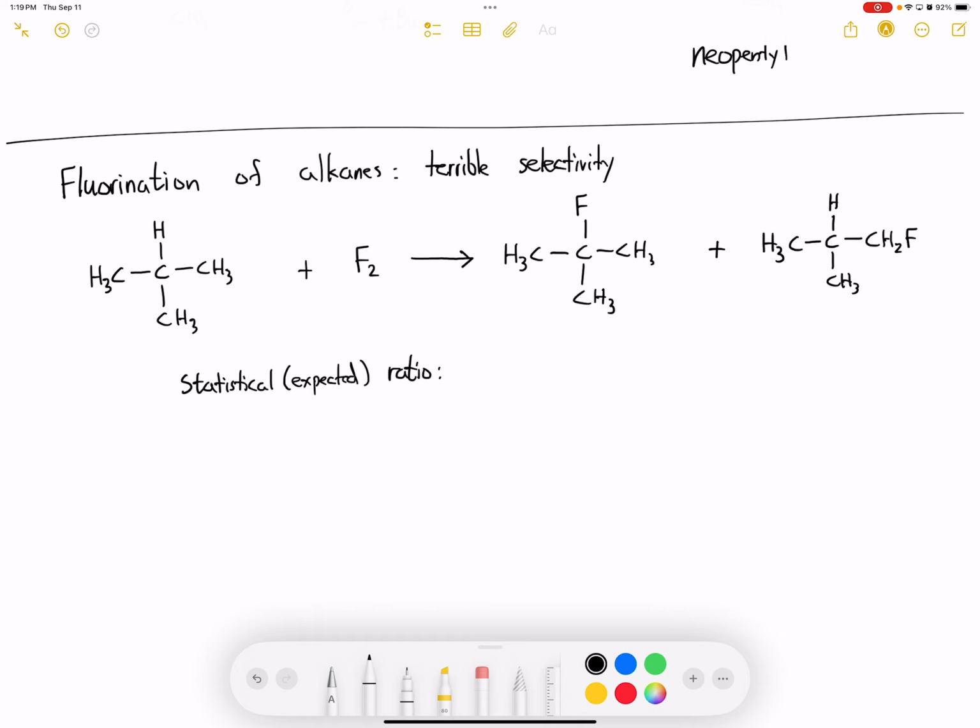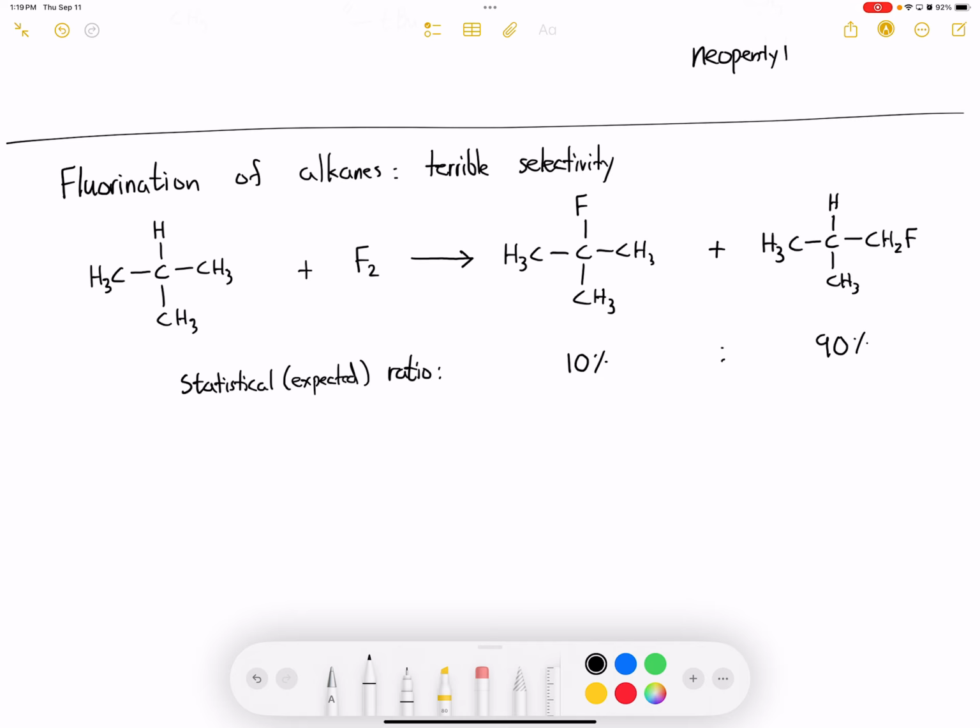We expect that out of all these hydrogens, which there are 10 in our starting alkane, only one of them is in the center. So that's 1 out of 10, or 10%. And then we have 9 on the methyl groups. So we should see 90% of the second product, the primary fluoroalkane, and then 10% of the tertiary fluoroalkane.